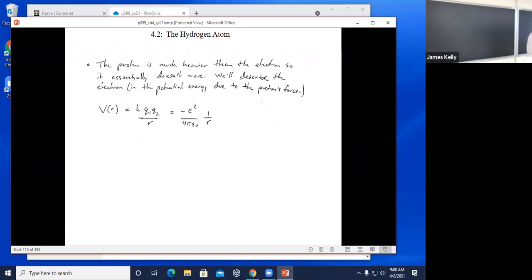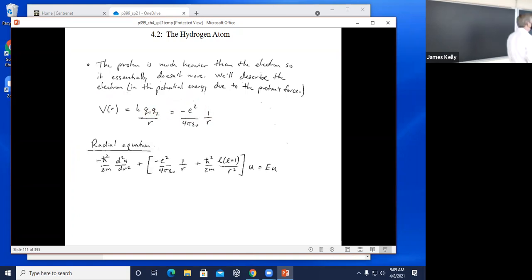So we're going to pretend it's fixed at the origin, and the potential energy represents the potential energy of the electron-proton system as a function of the electron position. And from physics 230, that's the electromagnetic K, which is 1/4 pi epsilon 0, times Q1 Q2 over r. In this case, the charge on the proton is little e, and the charge on the electron is minus little e, so we get a minus little e squared.